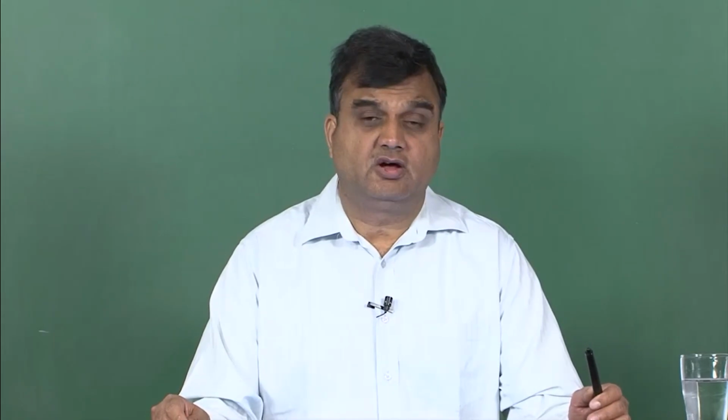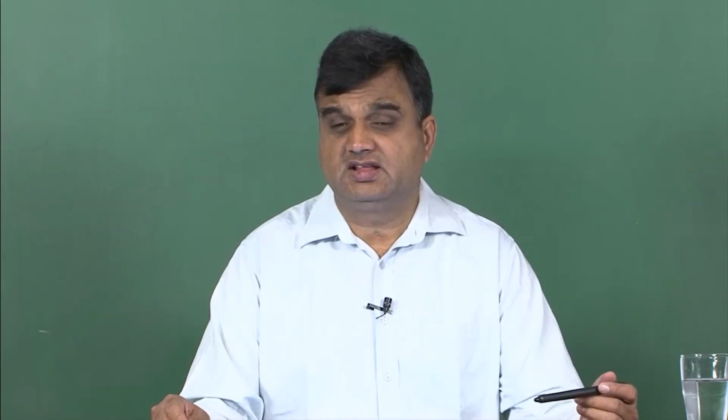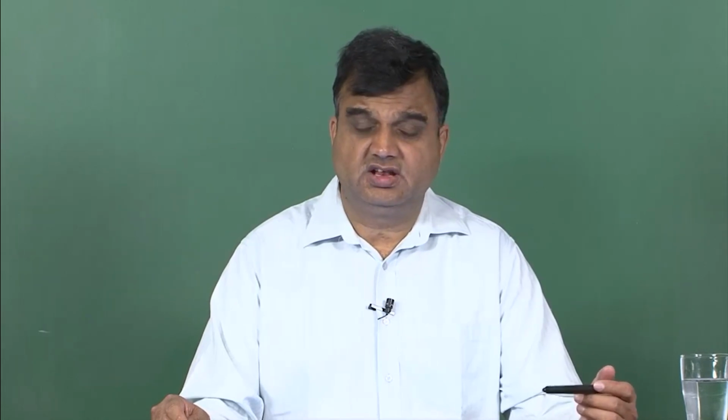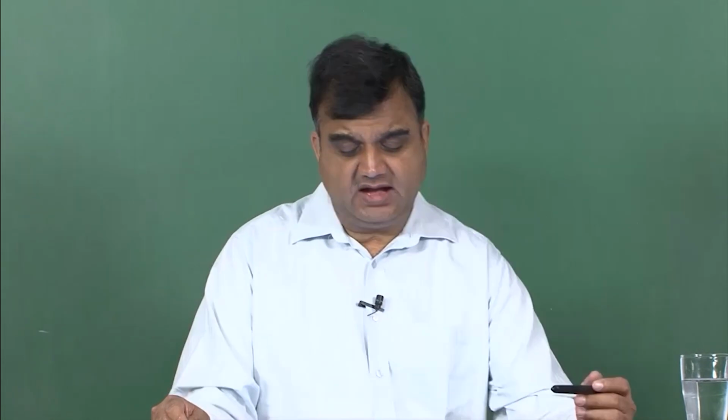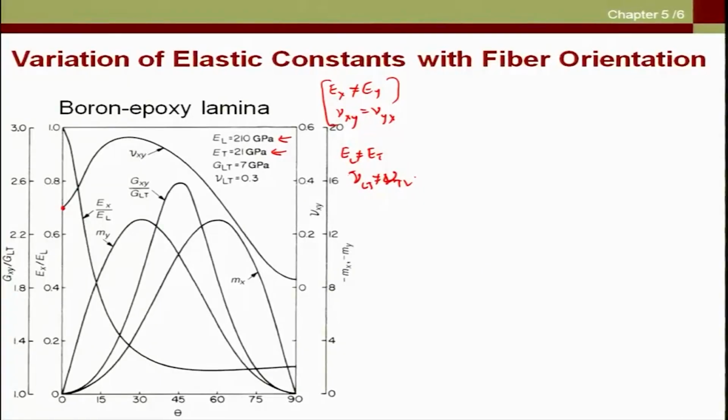Physically, this can be accomplished by having an equal number of fibers in the L as well as the T direction. If you have the same number of fibers in L and T direction, then El and Et will be the same, and we would also expect that for a balanced lamina Ex and Ey will also be the same.